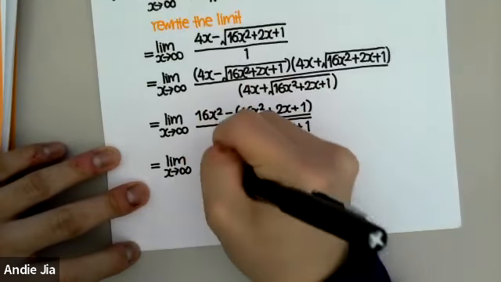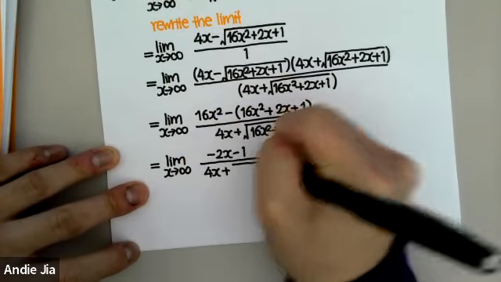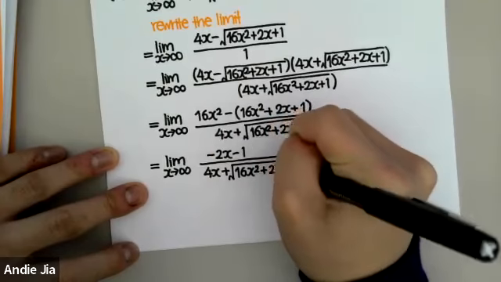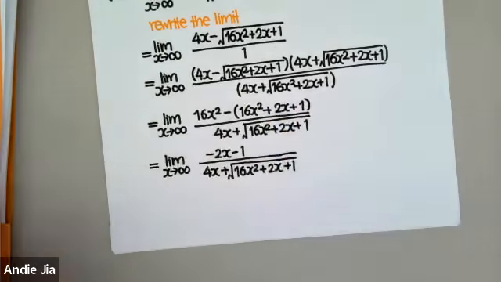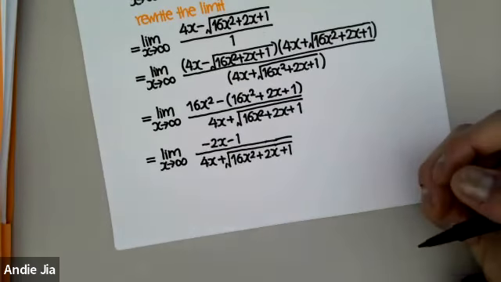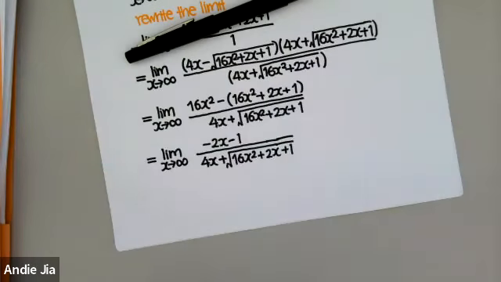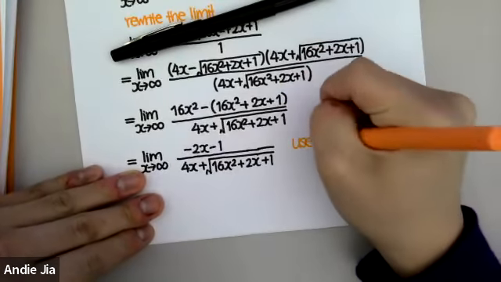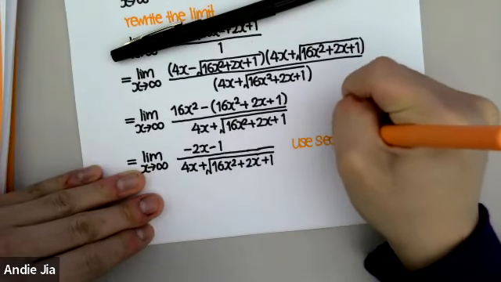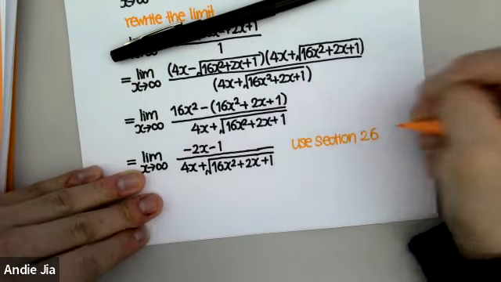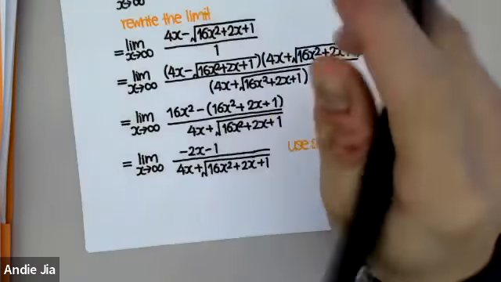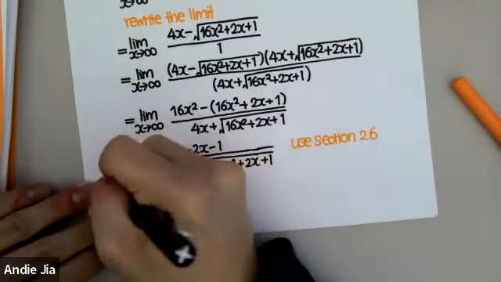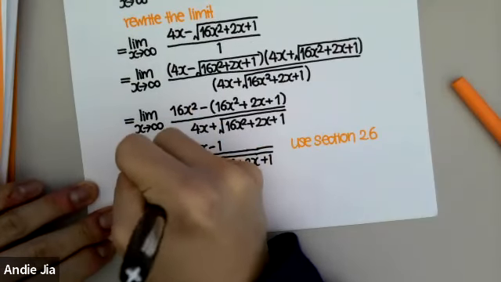Now use 2.6. Select the 2.6 strategies. There's the 2.6, so like a limit law here.